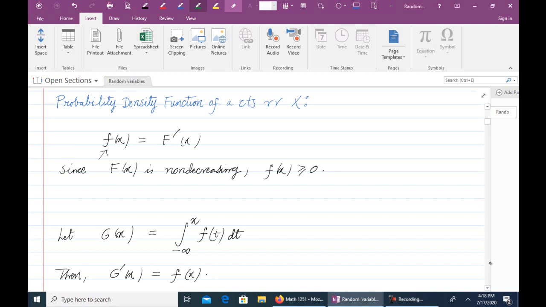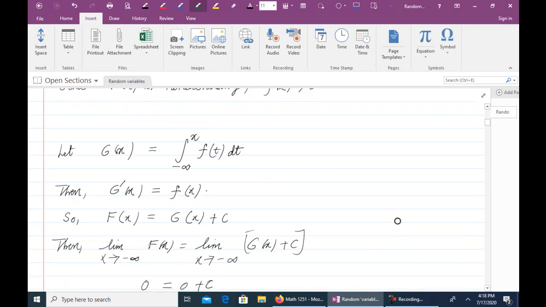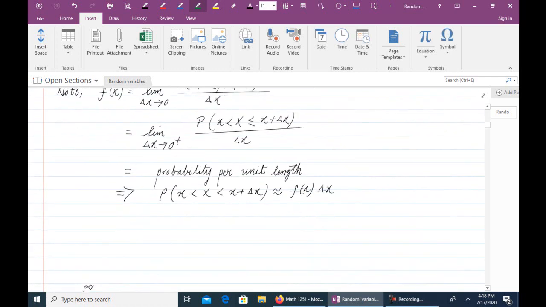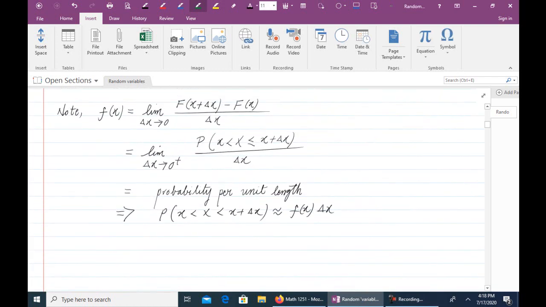Now, because it's the derivative of the CDF function, we can say that small f of x is the limit as delta x goes to 0 of F of x plus delta x minus F of x, divided by delta x. And so this limit would be the same as the limit as delta x goes to 0 from the right.